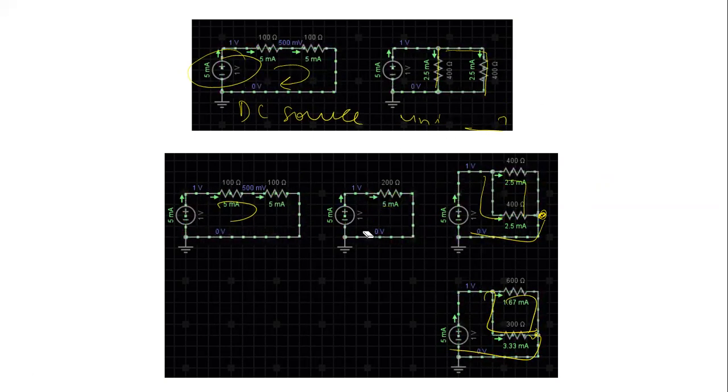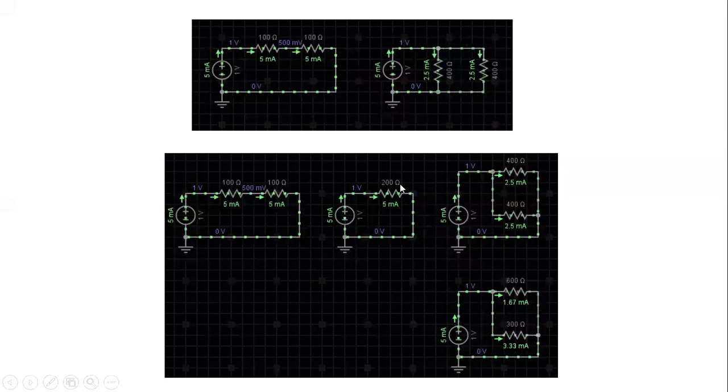You can also notice one more thing, guys, that here the value of resistance is 400 ohm, and this is also 400 ohm. So equal current is dividing into both the branches.